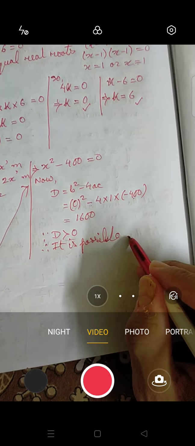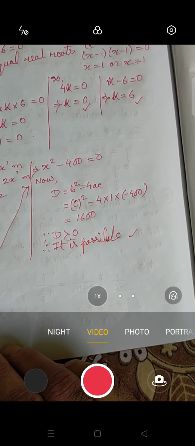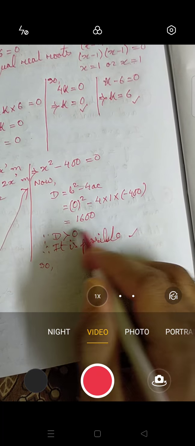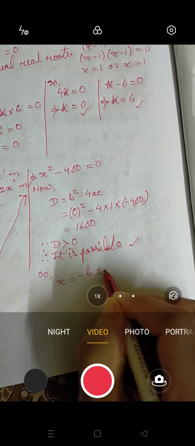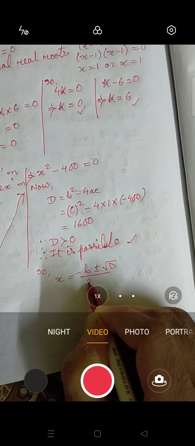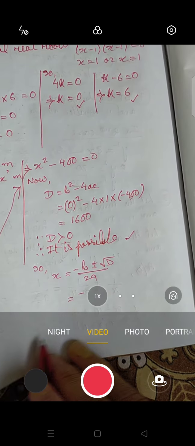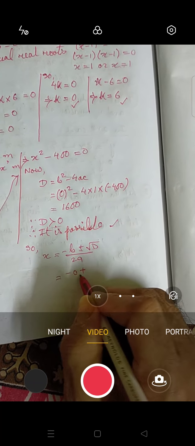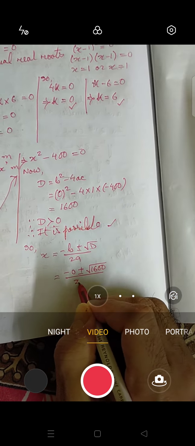So after writing this one, then you can find the value of x, that means length and breadth. We have already calculated D, so we'll write x is equal to minus b plus minus root D by 2a. Now this can be written as minus b, which is 0, plus minus root D, which is 1600, by 2a, where a is 1.